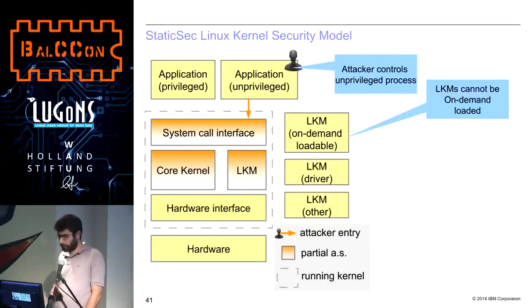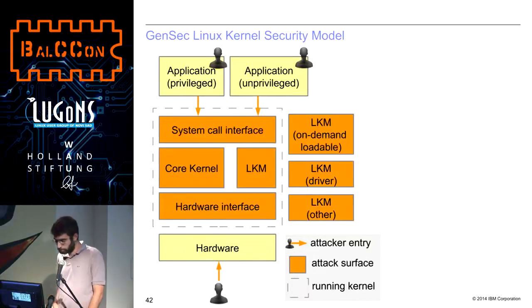There's a variant of the security model, which we call static sec, where we do everything the same way, except we assume that there are no on-demand loadable kernel modules. The reason is that in the Linux kernel, there's actually a syscontrol that you can enable in order to prevent kernel modules from being loaded automatically. So that would be something that you can compare against.